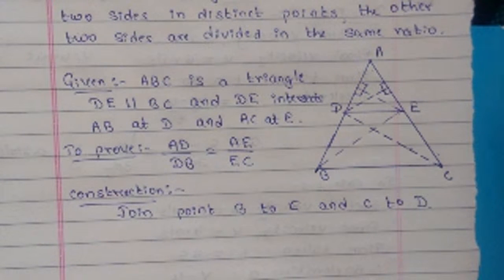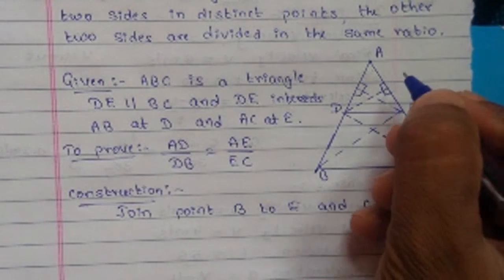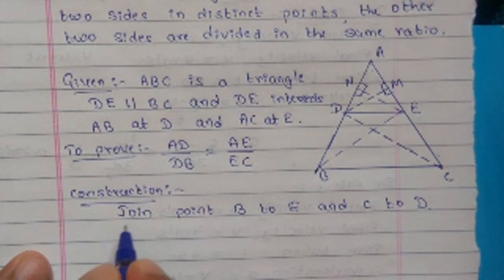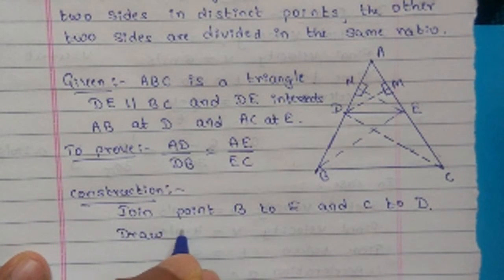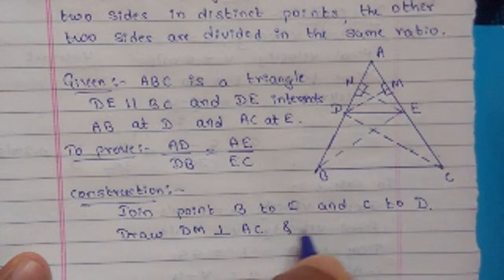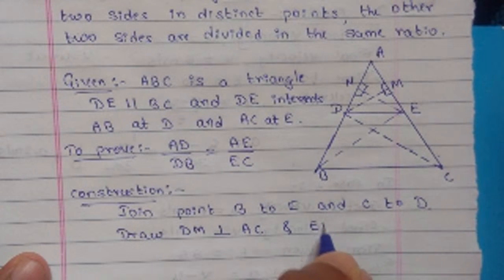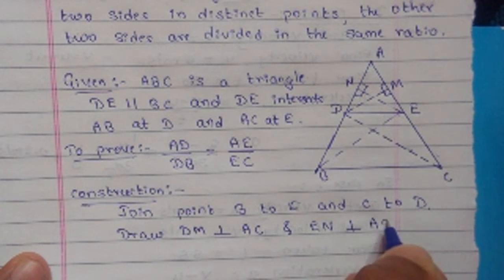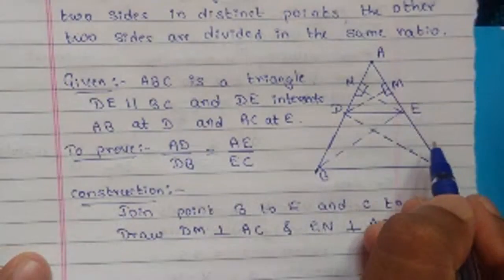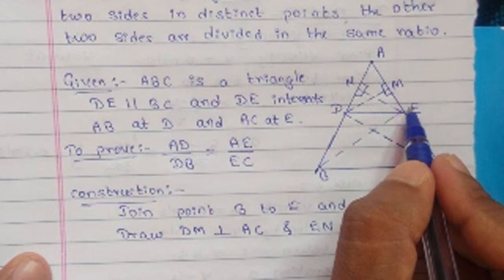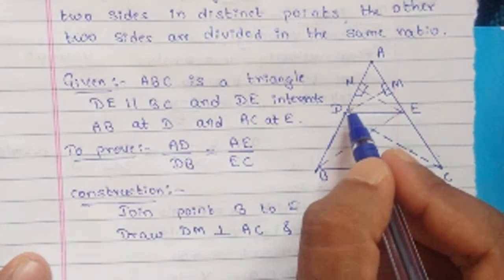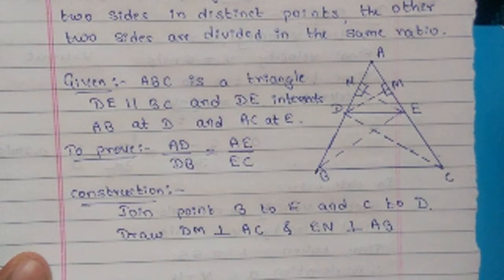Okay, we have to draw the perpendicular lines. So I will call this point M and this point N. So here in the construction I have to write, draw DM perpendicular to AC and EN perpendicular to AB. Okay, DM perpendicular to AC means that it is perpendicular to AE also. Then EN perpendicular to AB means EN is perpendicular to AD also. This is the construction, a small construction.